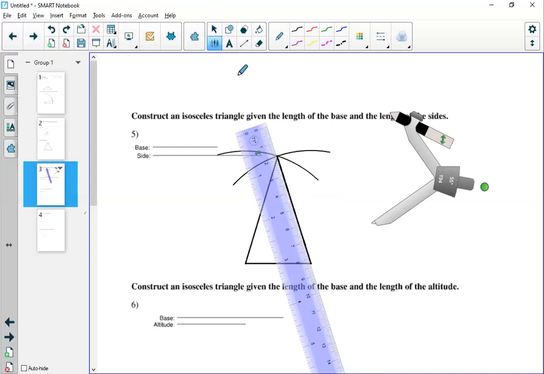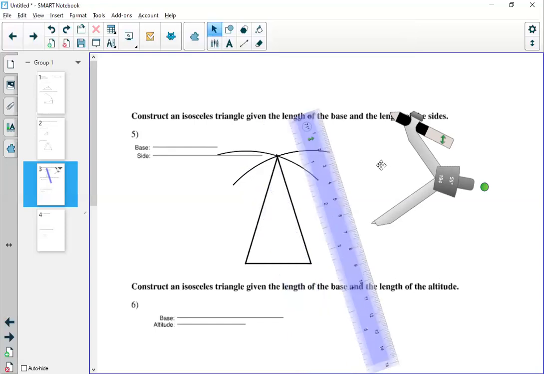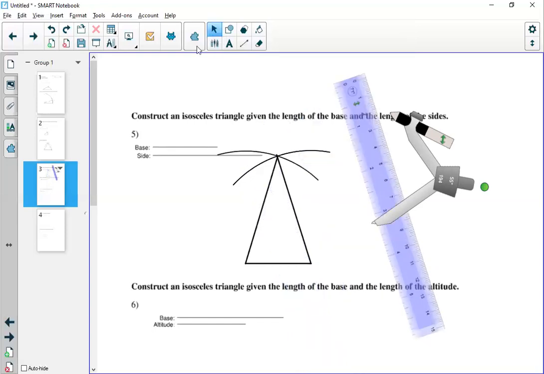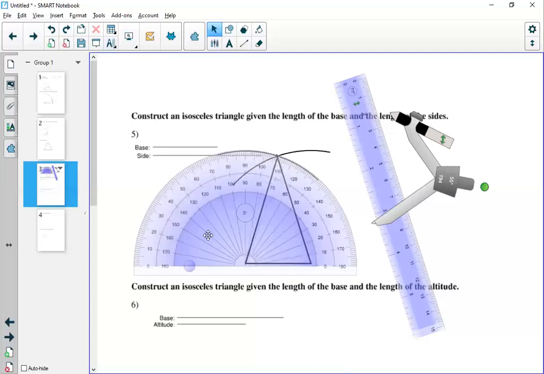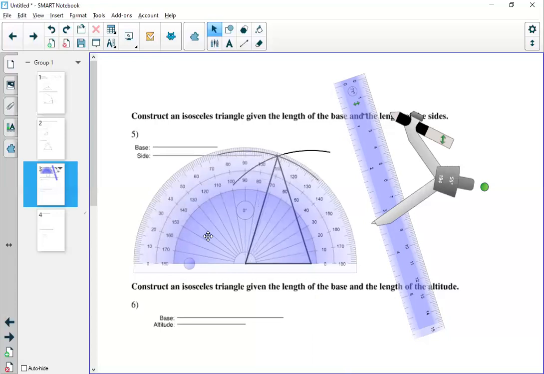So in this particular case, how do we confirm if this construction is done properly? One way to confirm it is by measuring the base angles and seeing that the base angles are equal. If they are, then you can conclude that your construction is done correctly. Let's take the measurement of the base angle. The base angle over here is about 73 degrees.